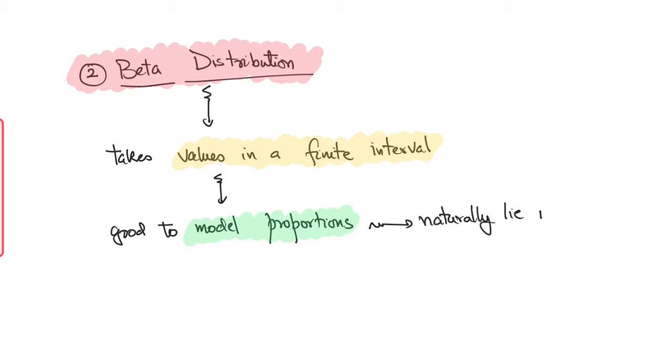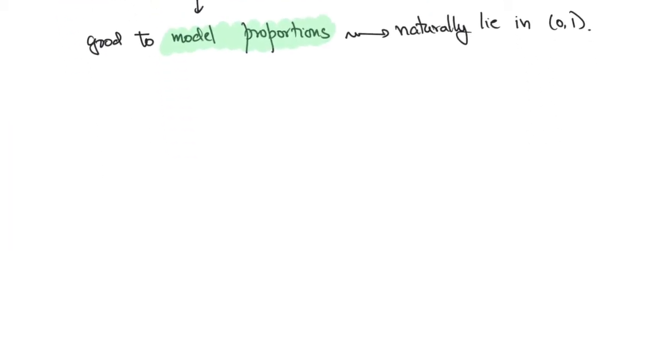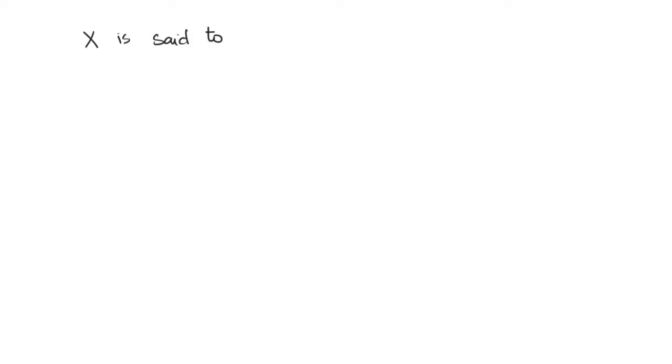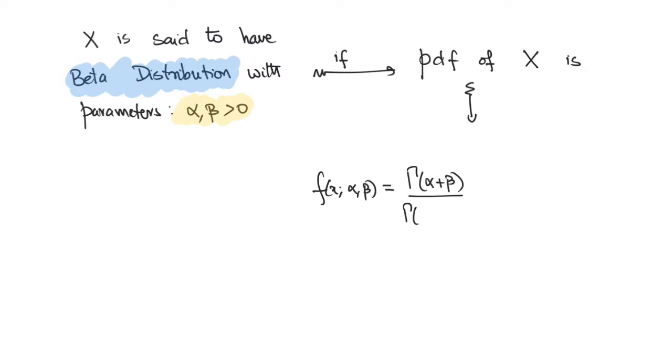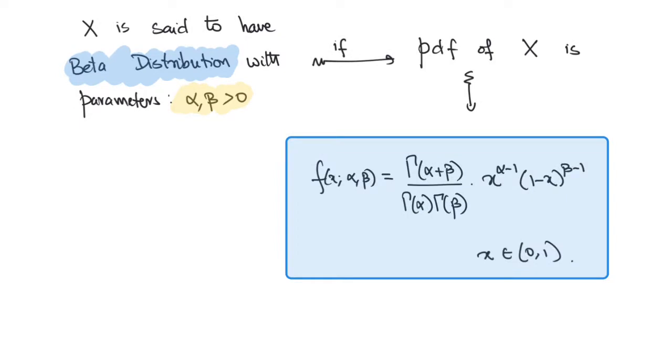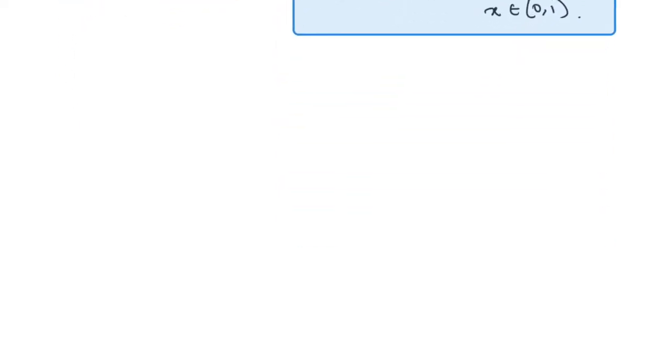We will say that a random variable x has the beta distribution with parameters alpha and beta, which are greater than 0, if the PDF of x has the form f(x; alpha, beta) equal to gamma(alpha plus beta) divided by gamma(alpha) times gamma(beta) times x to the alpha minus 1 times 1 minus x to the beta minus 1. This is defined for all values of x inside the interval 0, 1.